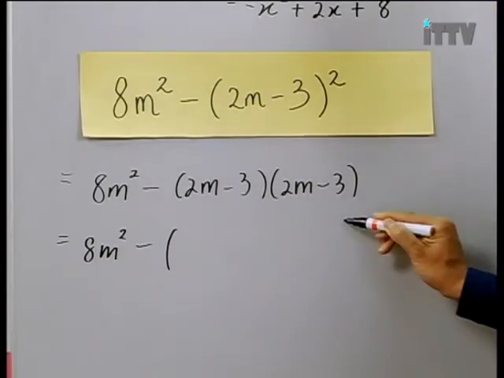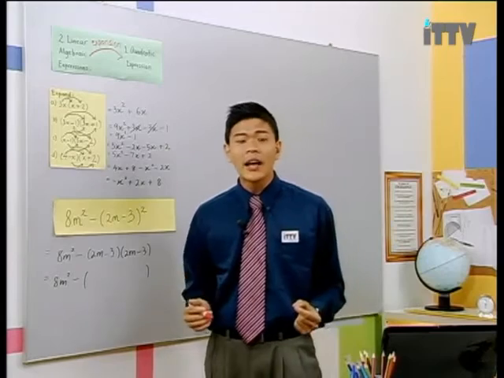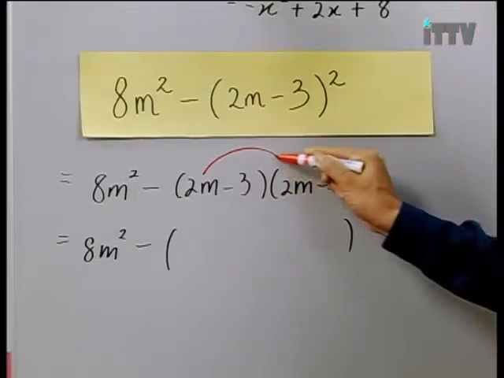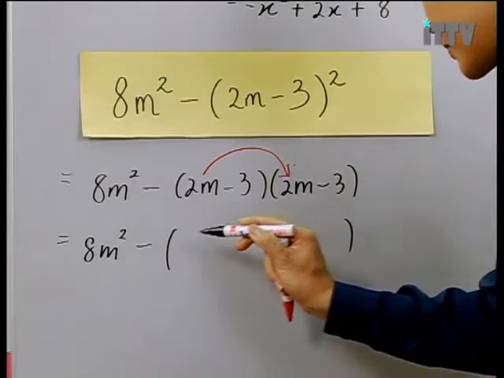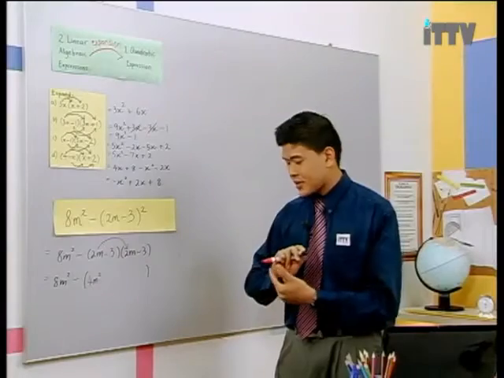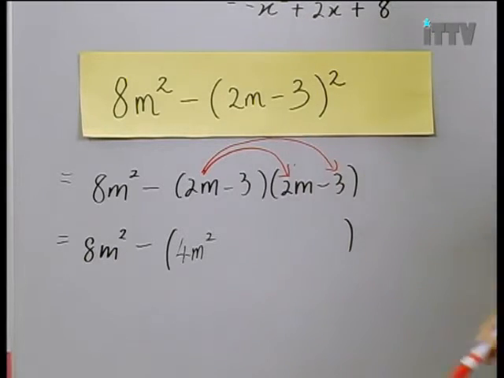Okay, now remember we have expanded quadratic expression just now. The whole idea is term by term systematically. 2m multiplied by 2m, and you will get 4m squared. Next, systematically 2m multiplied by minus 3.